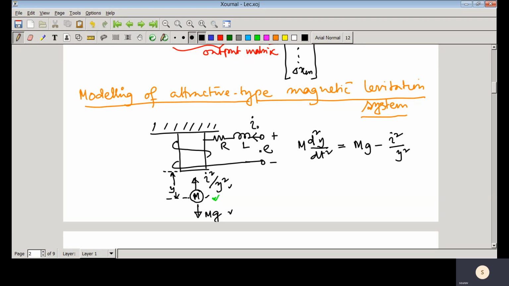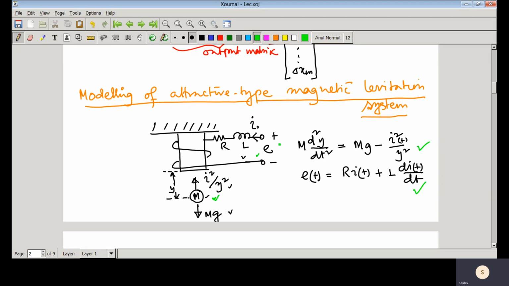And the KVL for this circuit is e(t) equals R i(t) plus L di(t) by dt, where all are functions of t. So we have two equations: one is the force equation, and this is the KVL.